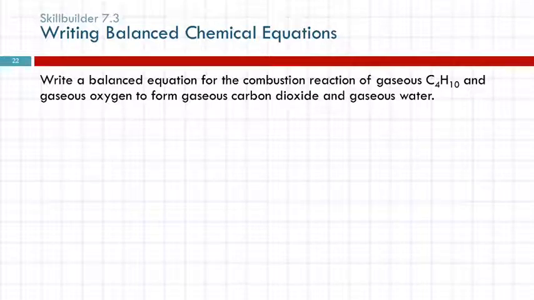Okay, so let's do this one. Combustion reaction of gaseous C4H10 and, that's the plus, to form, that's where the arrow is, and the other "and" is the plus. So the "and" is always a plus? Yeah. So we're going to have this and that, and there could be only one reactant, there could be 5 reactants.